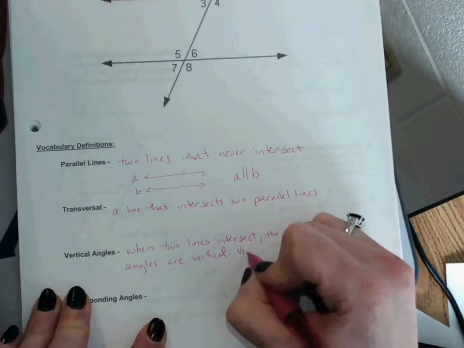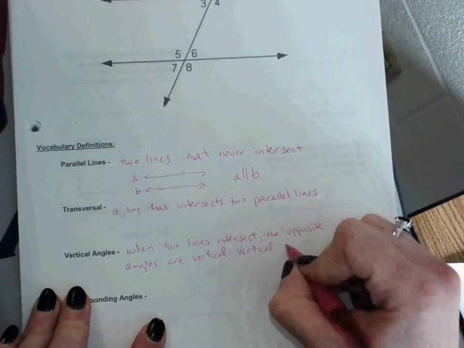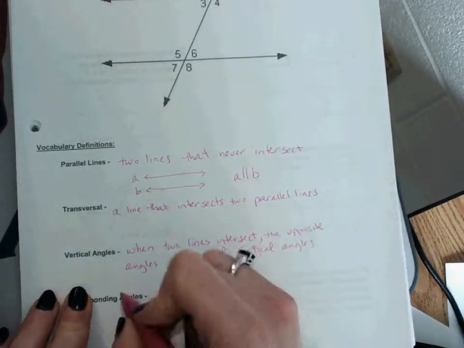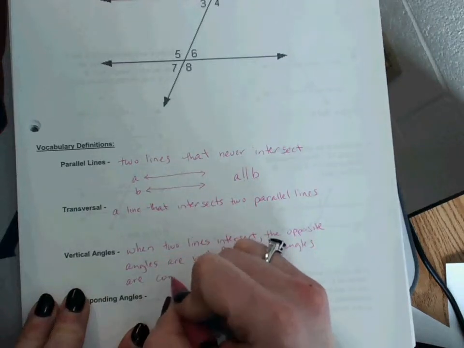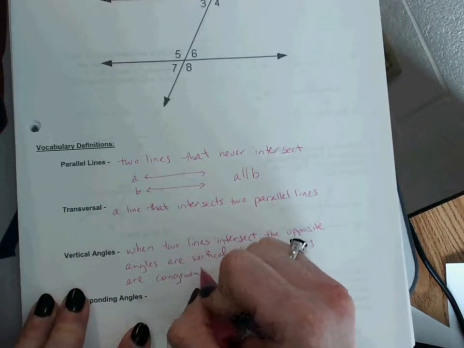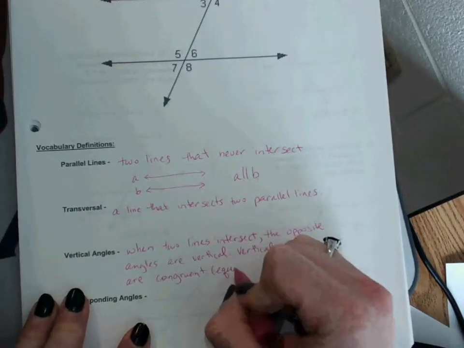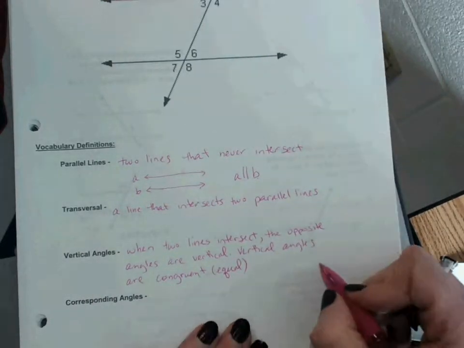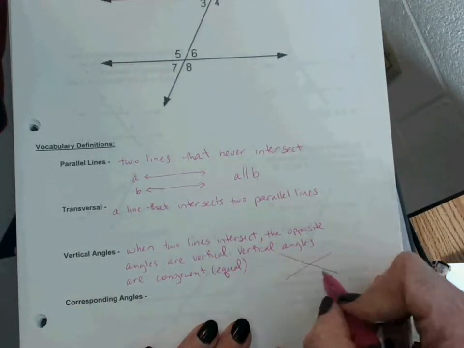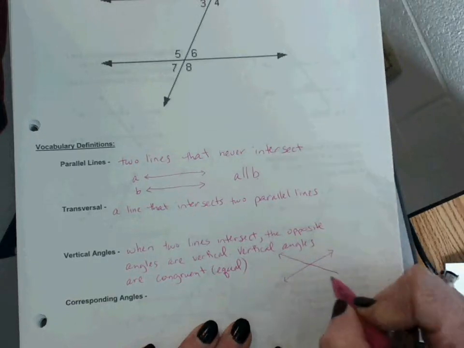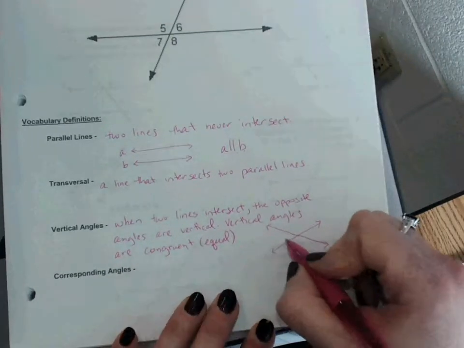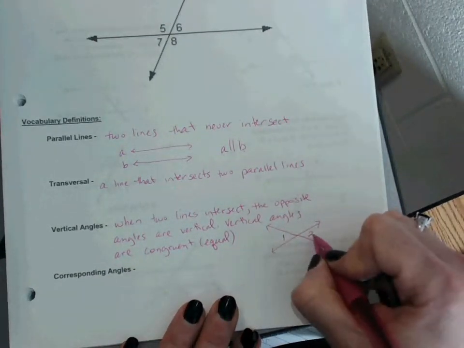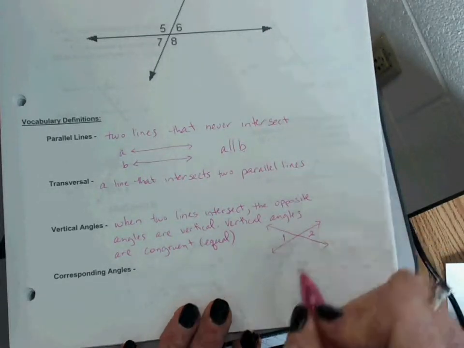Vertical angles are congruent, which also means equal. So if we have two lines that intersect each other, an example of vertical angles would be measure of angle 1 and 2, and they would be equal to each other.